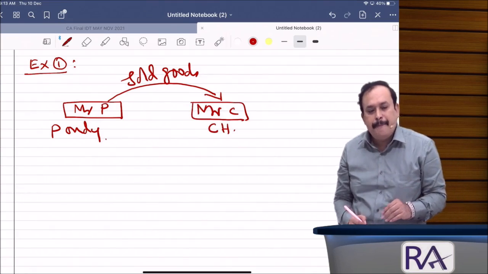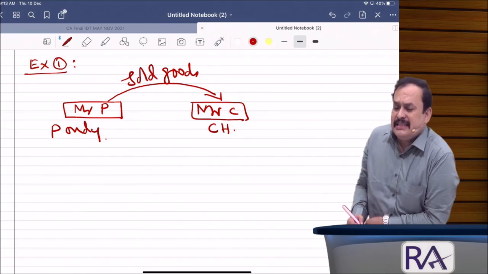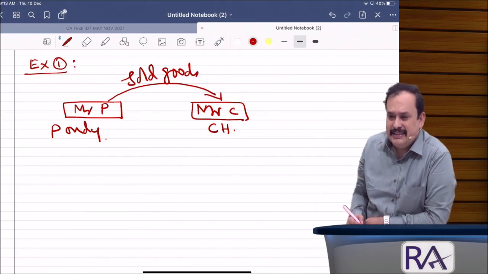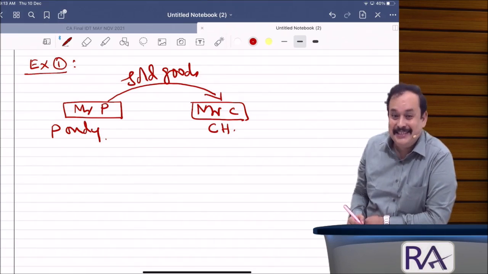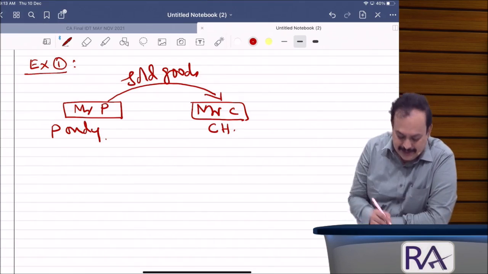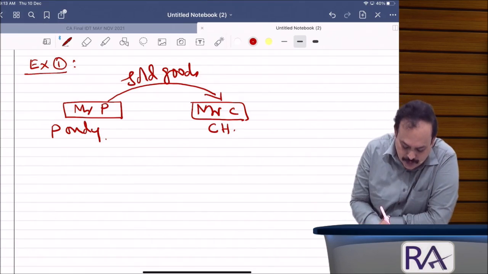Is it clear, sir? Is it intrastate or interstate? Interstate. It is interstate. So liable to pay IGST.